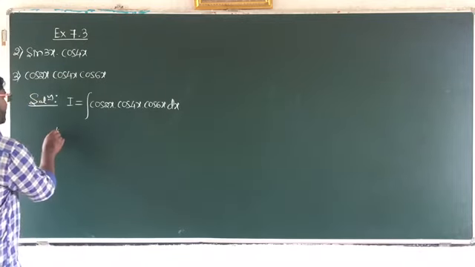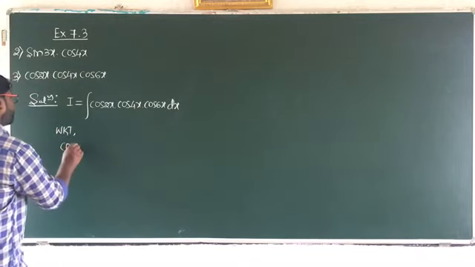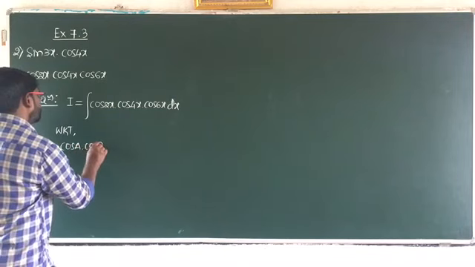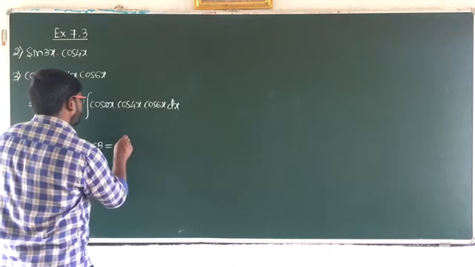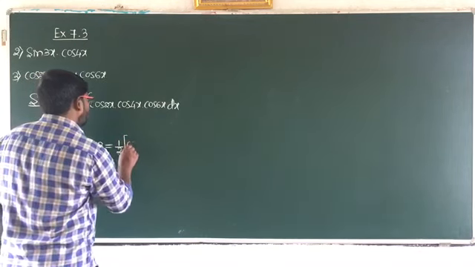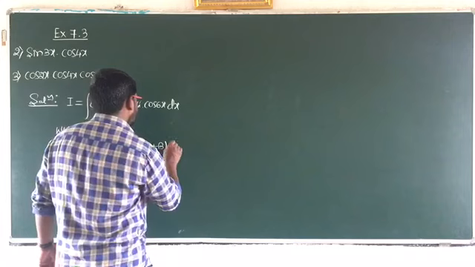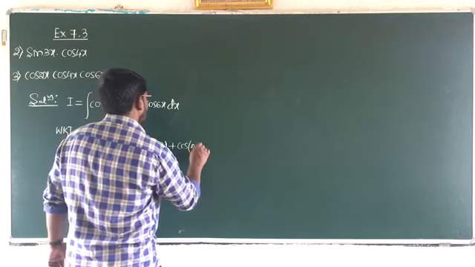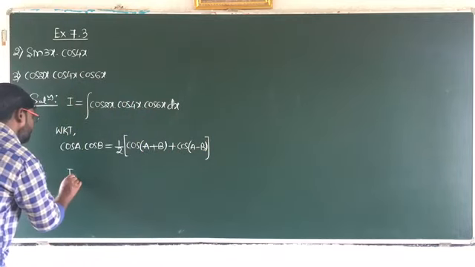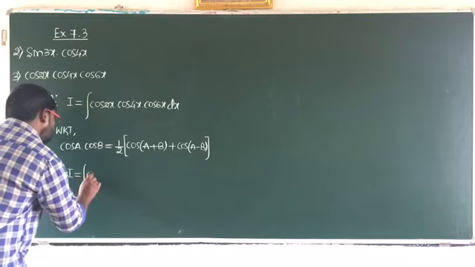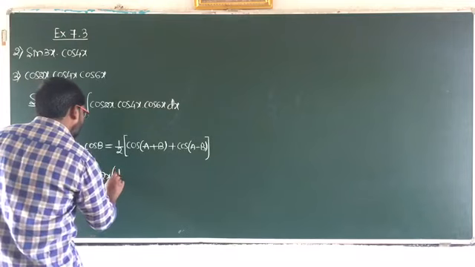So here we know that cos A into cos B is equal to 1 by 2 into the bracket, cos of (A plus B) plus cos of (A minus B). So now rewrite the integral I, which is equal to the integral of cos 2x, write it as it is, then inside the bracket, it is 1 by 2.